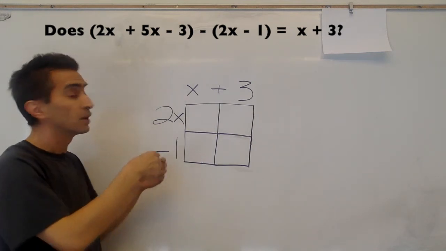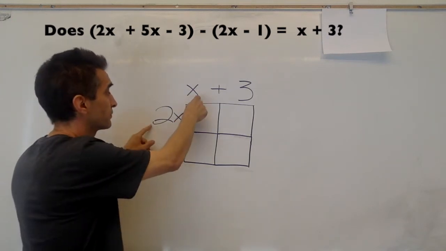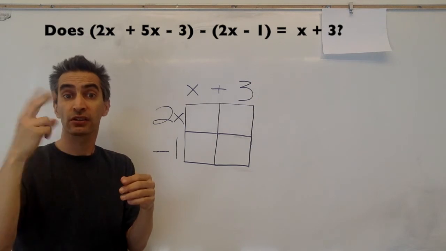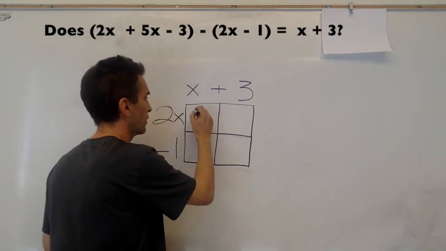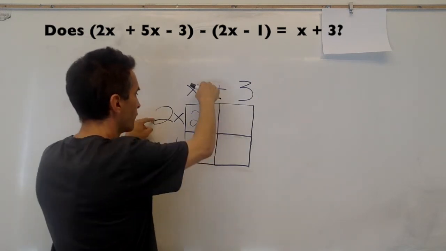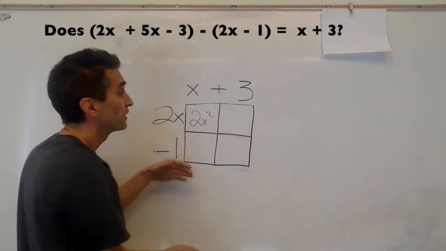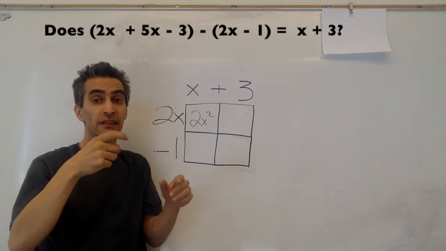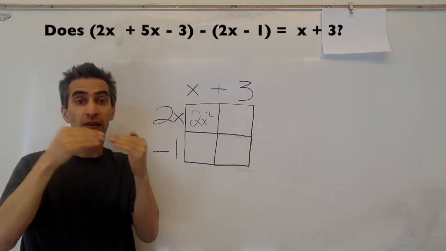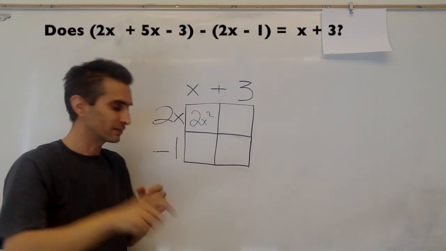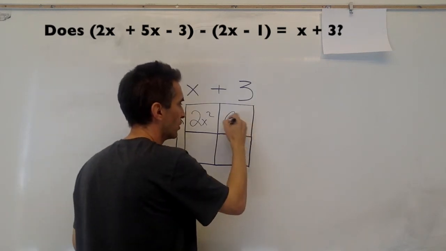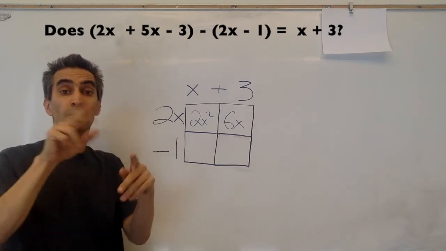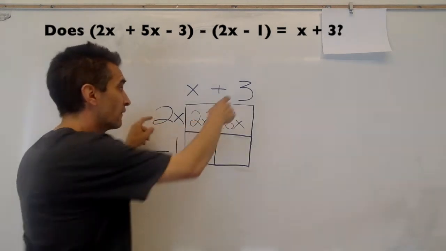And what am I going to do here? I'm going to multiply x times 2x equals 2x squared. Goes right here in the upper left-hand corner. Next, we've got 3 times 2x, and that equals 6x.